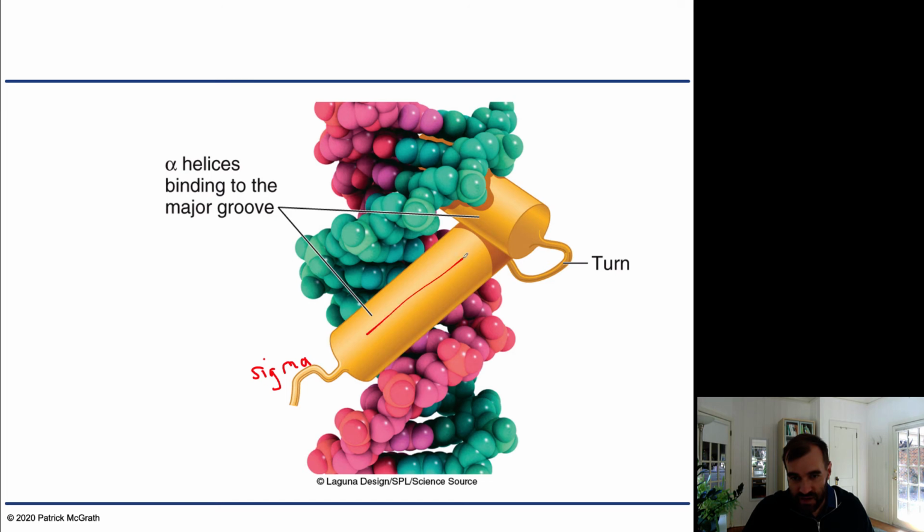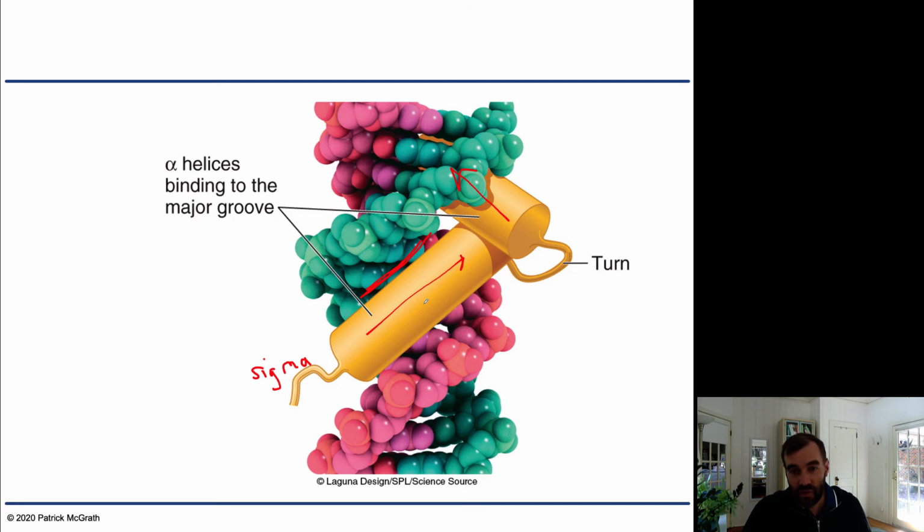So this is a helix, which we'll talk about more, another helix, and a turn. It's the amino acids within there that are actually recognizing the DNA sequence within the double-stranded DNA. This is because there are atoms within the nucleobase, the nitrogenous base, that can be used for hydrogen bonding.